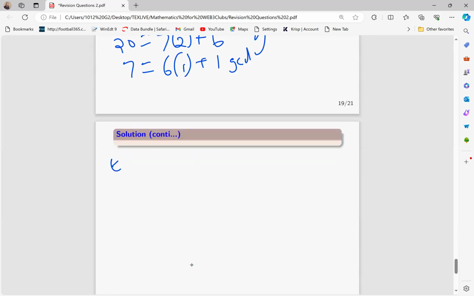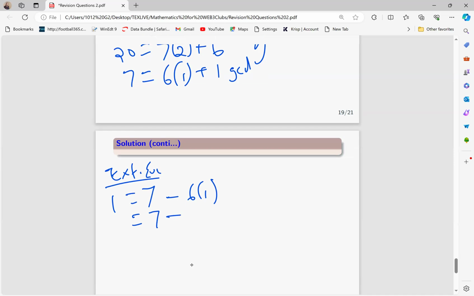Make 1 the subject: we have 7 minus 6 multiplied by 1. Then we have our 6, so we place that. What's our 6? Make 6 the subject here.